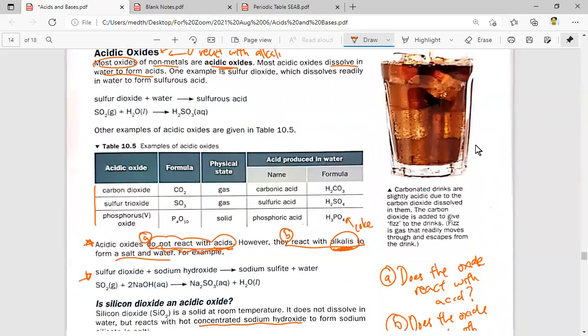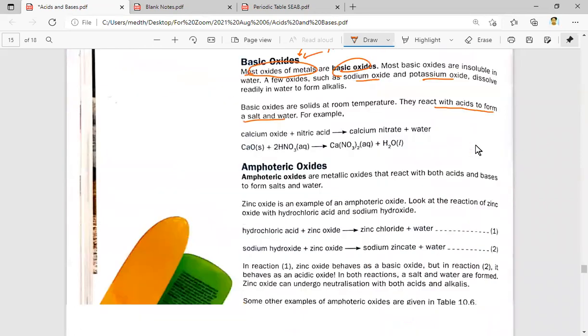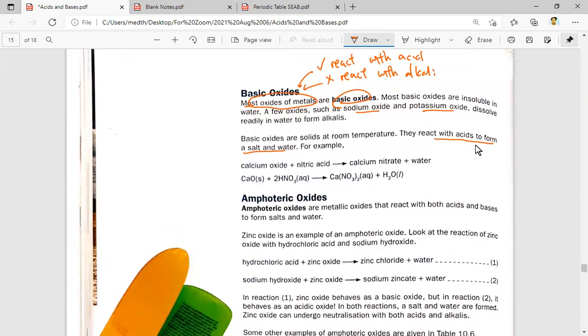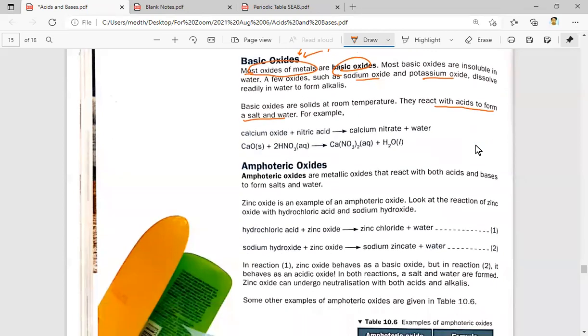So that's based on all the descriptions we have gotten so far. Now, acidic oxides are the most common type of non-metal oxides. Basic oxides are the more common types of metal oxides. Then you realize, okay, you have talked about two of the oxides. How about the other two?